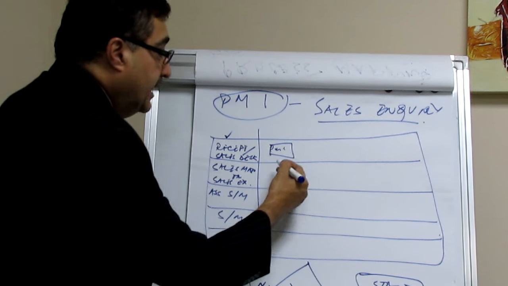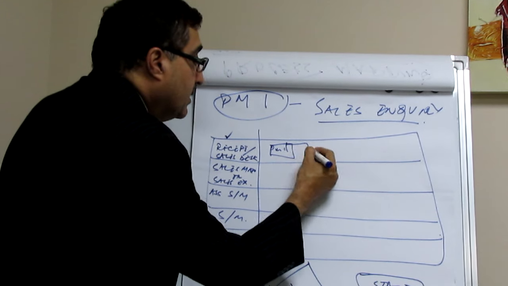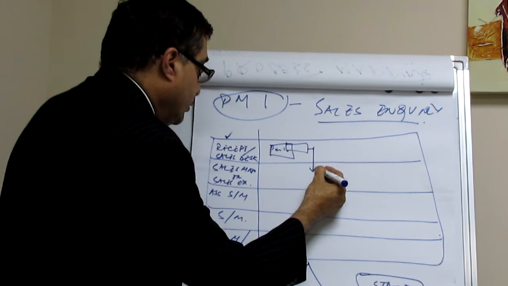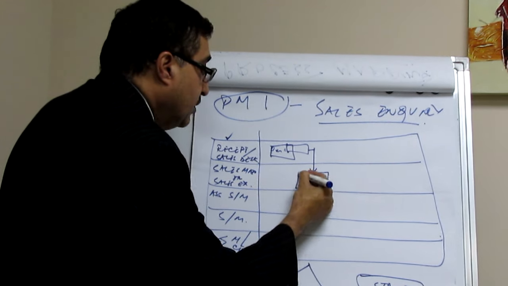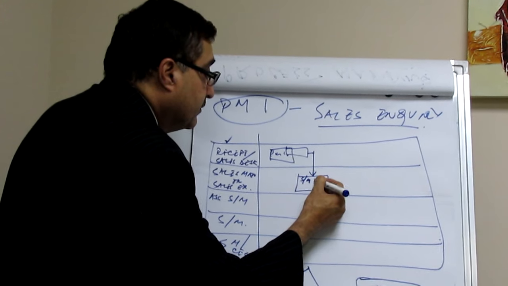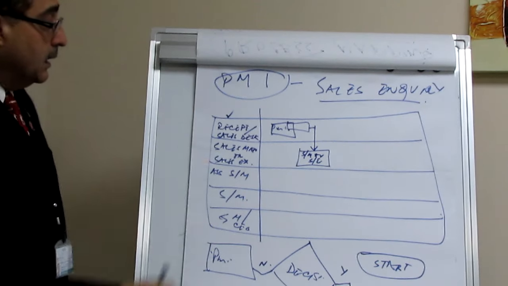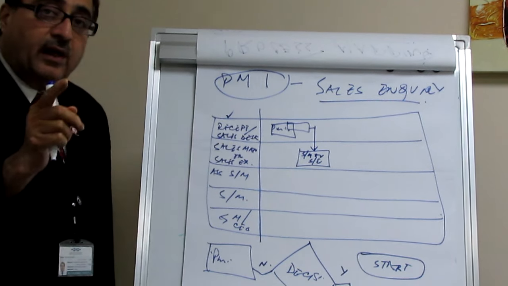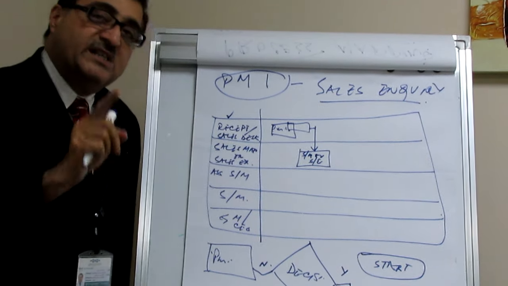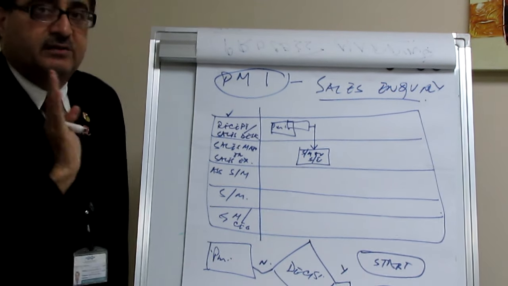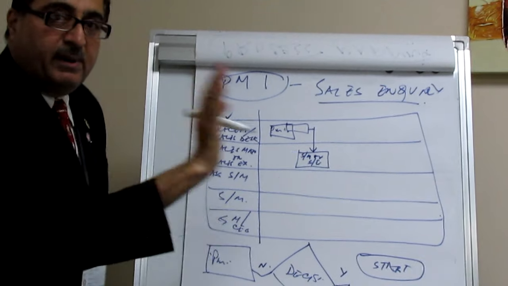At the end of the day, she compiles all of them and passes them on to the salesman or the sales executive. At this level, she will not go into details about the inquiry. She is receiving a call and only passing it on.